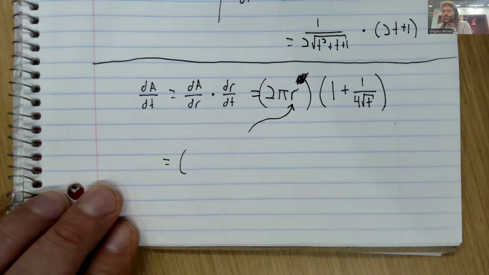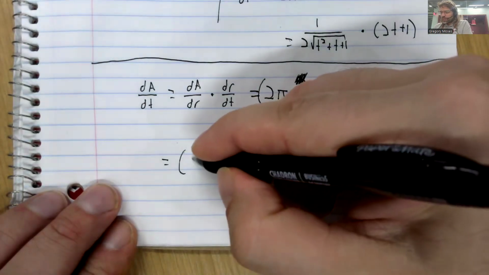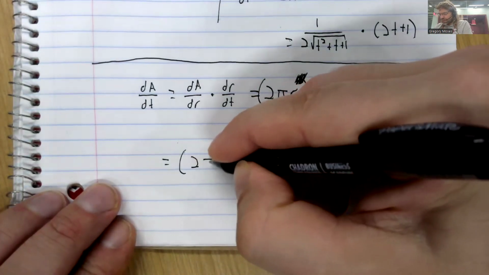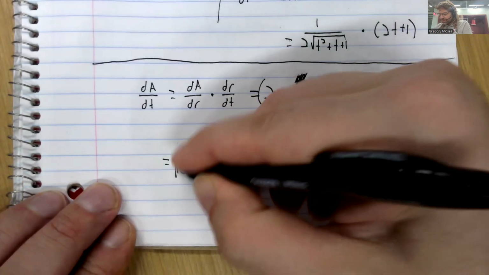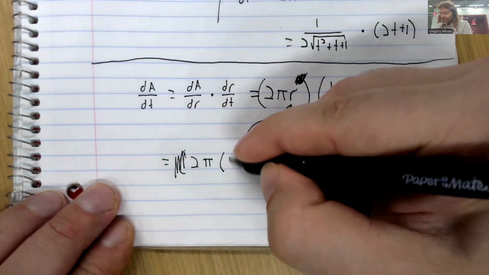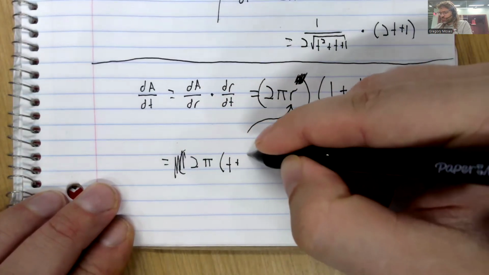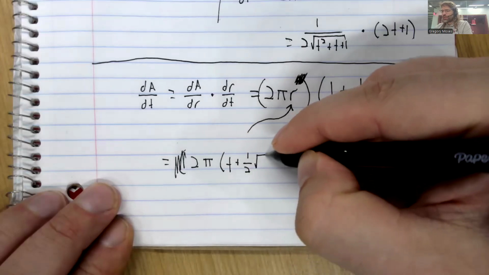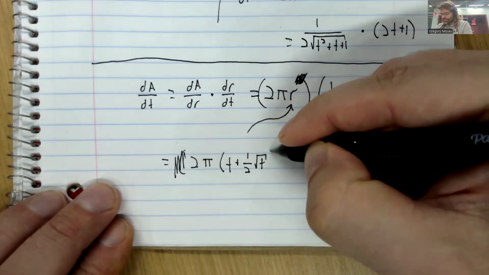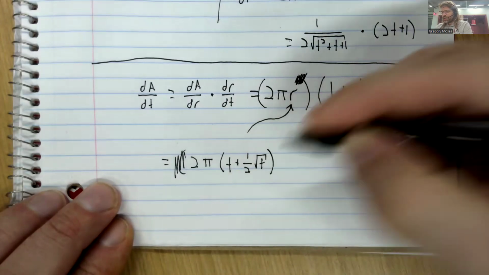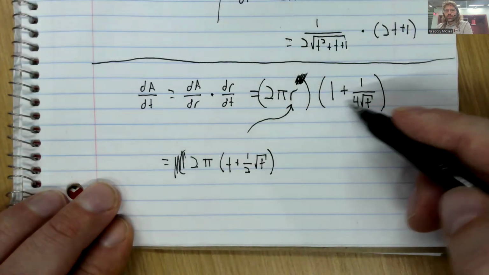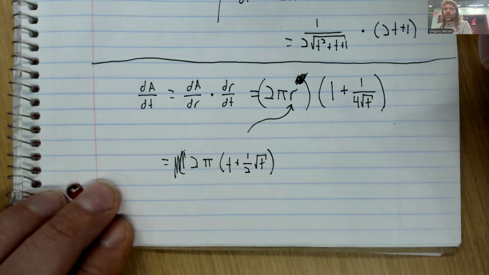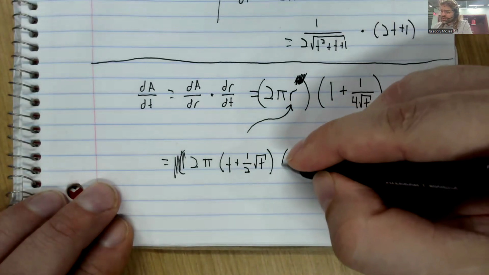And we end up with 2 times pi times t plus 1/2 the square root of t, times this 1 plus 1 over 4 the square root of t.